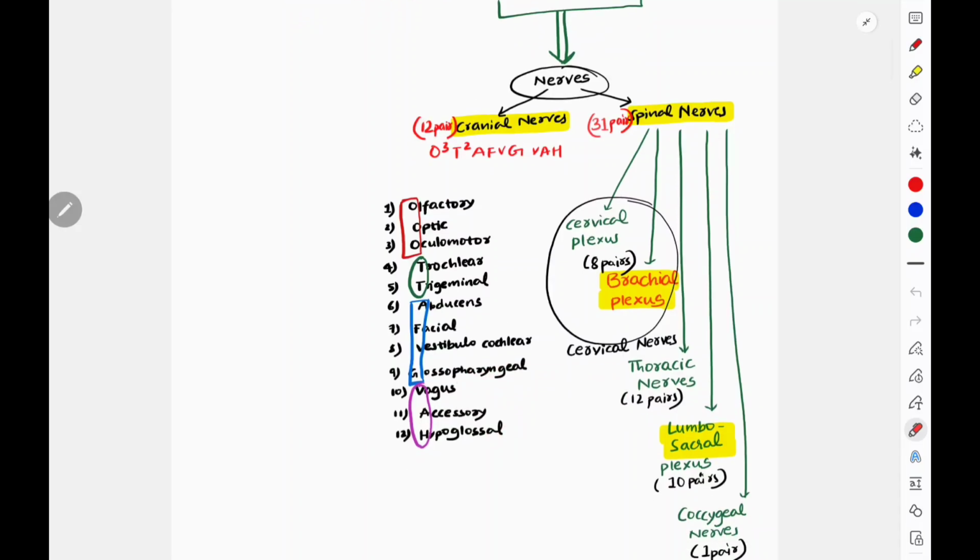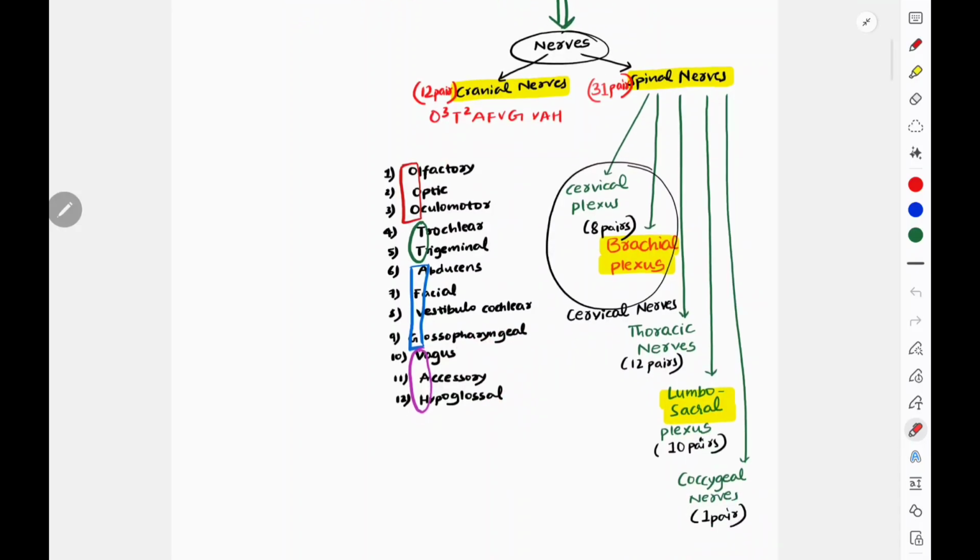If we come to the spinal nerves, this is what we require. See, the cervical plexus and brachial plexus. These two comprise the cervical nerves. Touch your neck. In the neck there are vital neurovascular structures, right? The nerves that arise from the spinal cord segments in the neck are the cervical plexus and the brachial plexus.